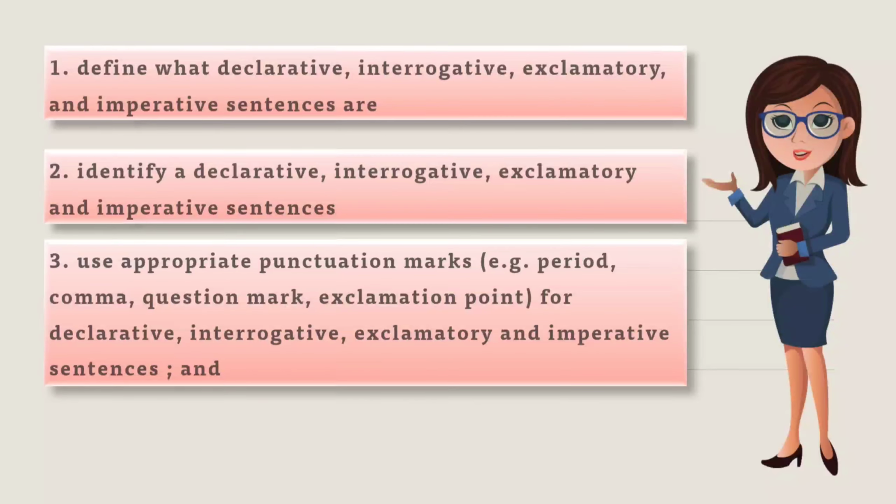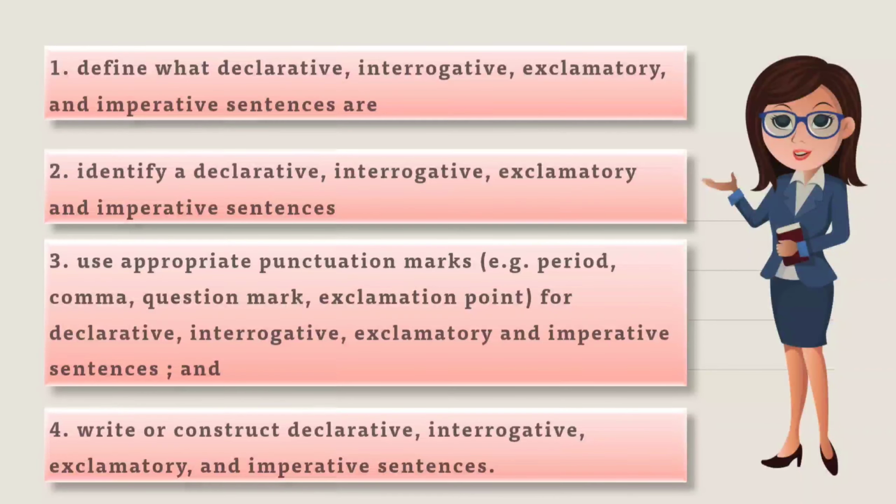Third, use appropriate punctuation marks such as period, comma, question mark, and exclamation point for declarative, interrogative, exclamatory, and imperative sentences. And the last one is write or construct declarative, interrogative, exclamatory, and imperative sentences.